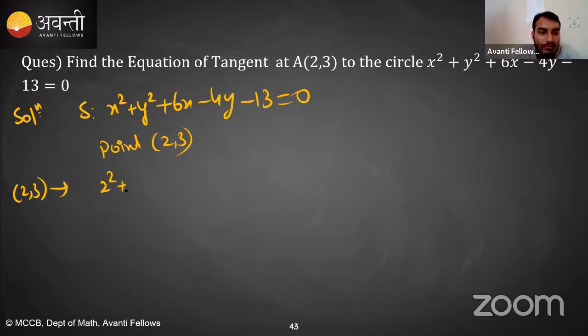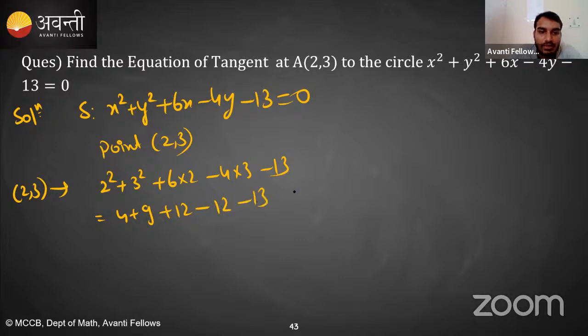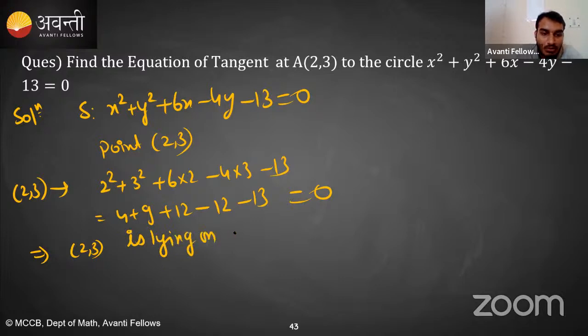So 2 square plus 3 square plus 6 into 2 minus 4 into 3 minus 13, how much is coming? 4 plus 9 plus 12 minus 12 minus 13. So it is 0, yes or no? It is 0. So 2 comma 3 is lying on the circle.